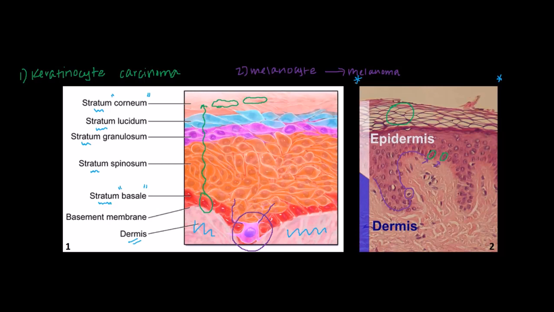Now, it turns out that when it comes to classifying keratinocyte carcinomas, there's one more subdivision that we need to be aware of. And the way that keratinocyte carcinomas are subdivided is as such. If keratinocyte carcinoma arises from any of the keratinocytes in the basal cell layer, we call it appropriately basal cell carcinoma, or BCC for short.